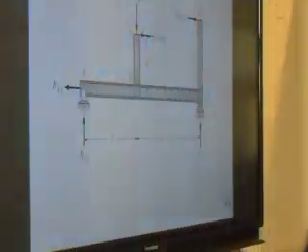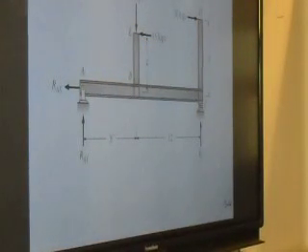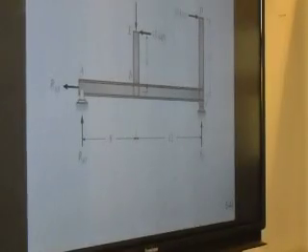Remember when we replaced forces with a force and a moment, when we changed the location of forces in the previous part of this course? Remember that? No? No. Think.